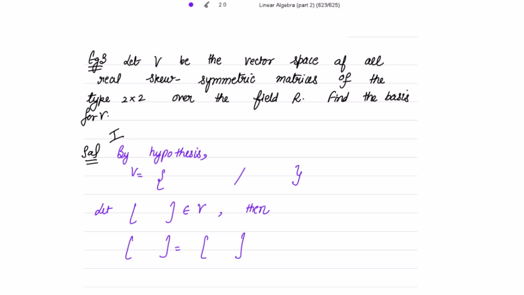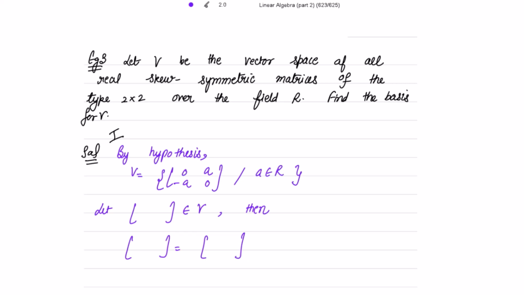Because the matrix is going to be skew-symmetric, by hypothesis, let's take V to be equal to the matrices of the kind [0, A; -A, 0], where A belongs to R. You can write the negative sign elsewhere, it's your choice.